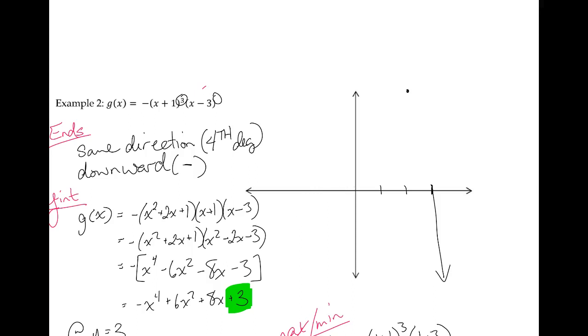This is not a pretty graph. Something like that. Something along those lines.